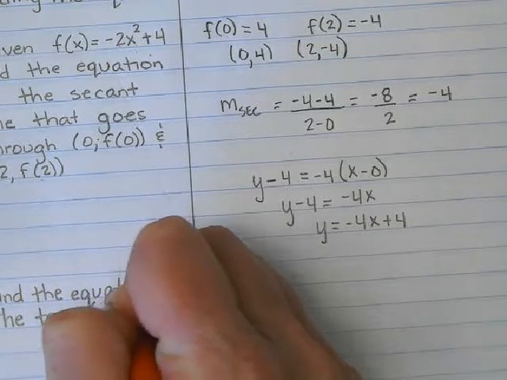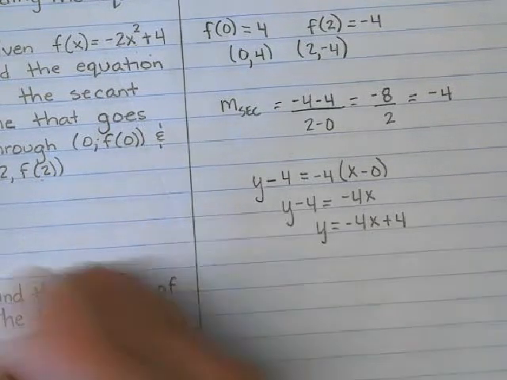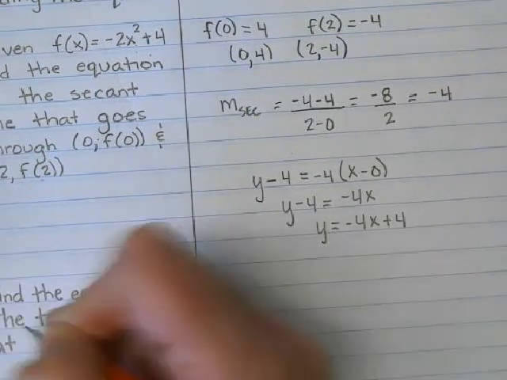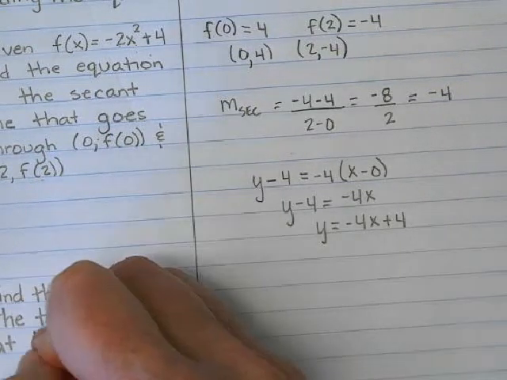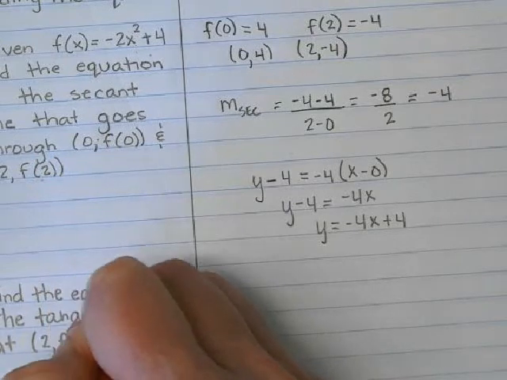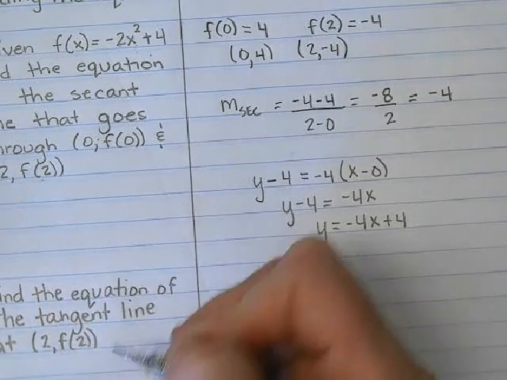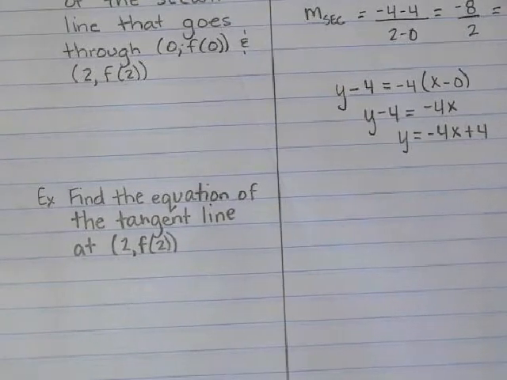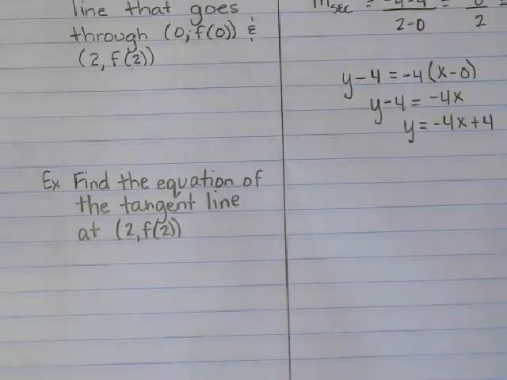And we're going to look for that at the point 2, f of 2. Okay, so this is a little bit different because we can't just get the slope very easily. We have to use a limit in order to get the slope of the tangent line.